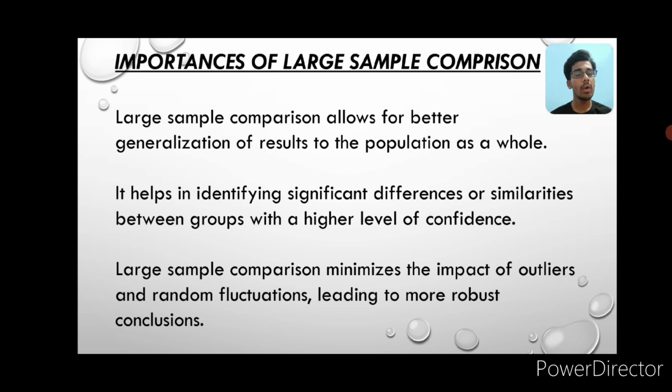Next, importance of large sample comparison. Large sample comparison allows for better generalization of results to the population as a whole. It helps in identifying significant differences or similarities between the groups with a higher level of confidence.